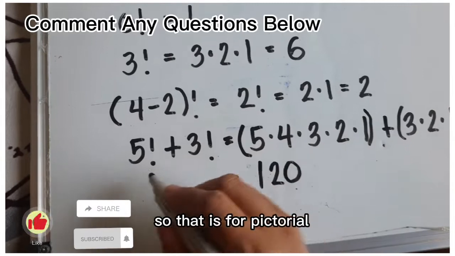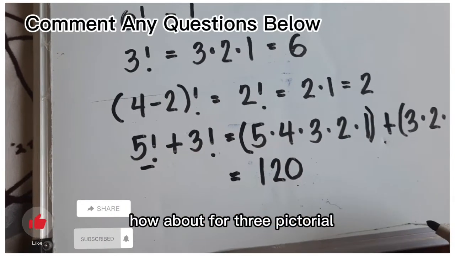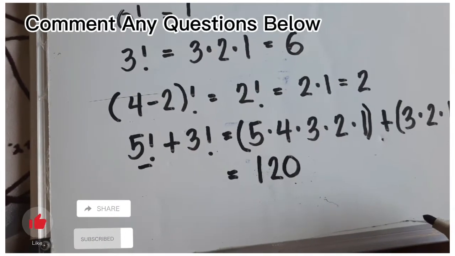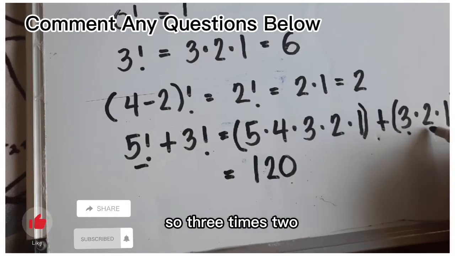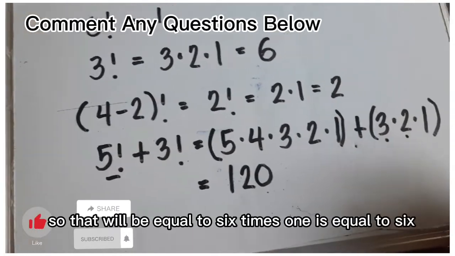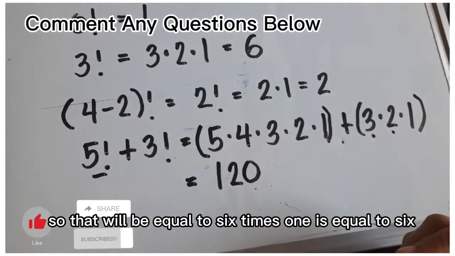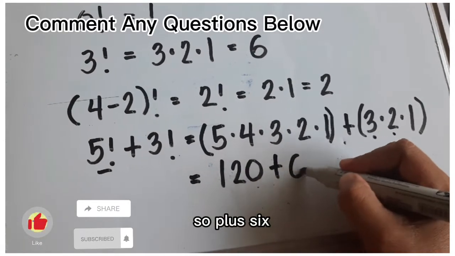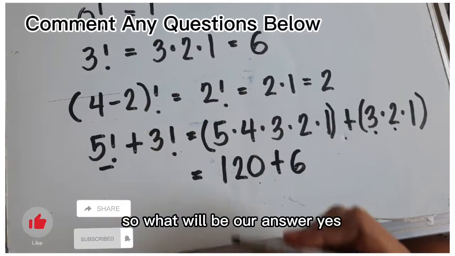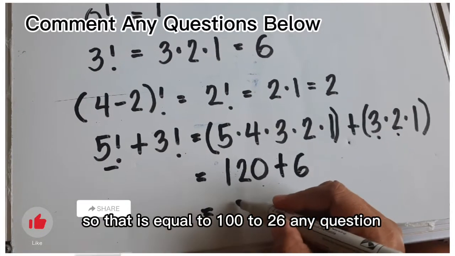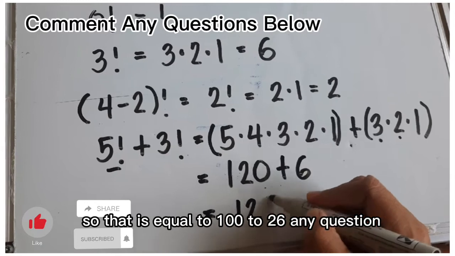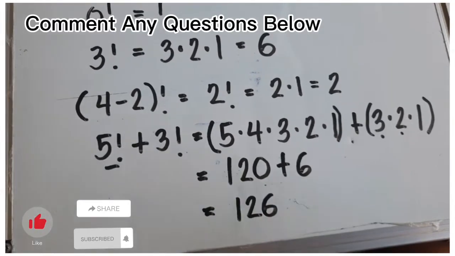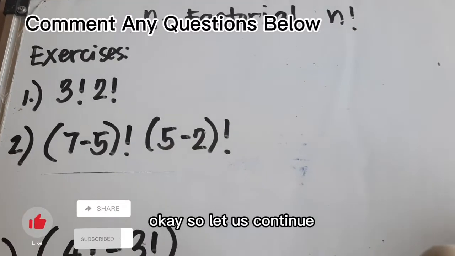That is for 5 factorial. How about for 3 factorial? 3 times 2 is equal to 6, times 1 is equal to 6. So, plus 6. What will be our answer? Yes, that is equal to 126. Any question?